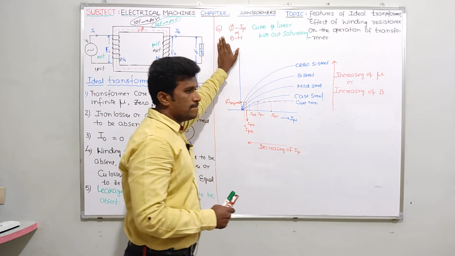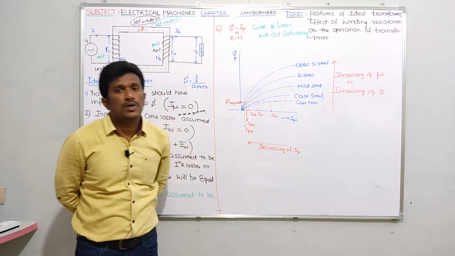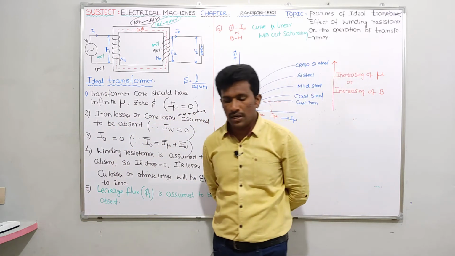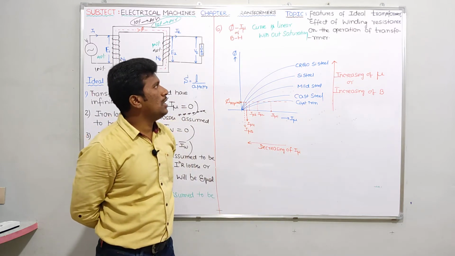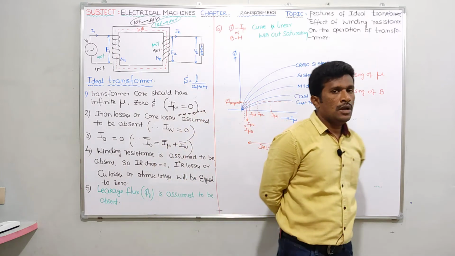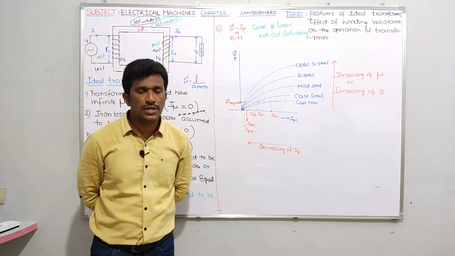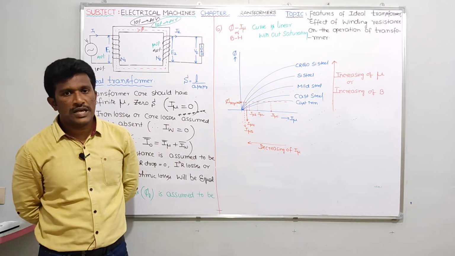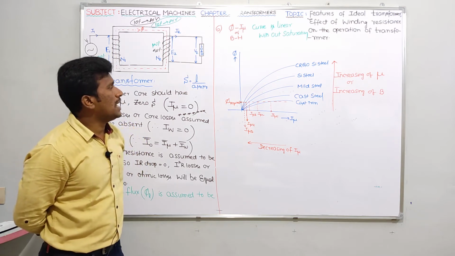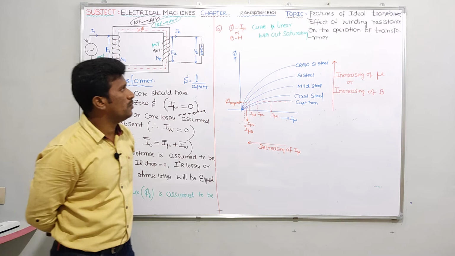Ideally, the transformer core is made up of a material whose non-linearity and saturation is absent. So the phi versus I mu curve is linear without saturation.